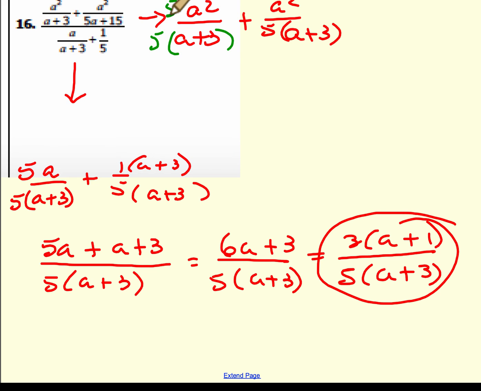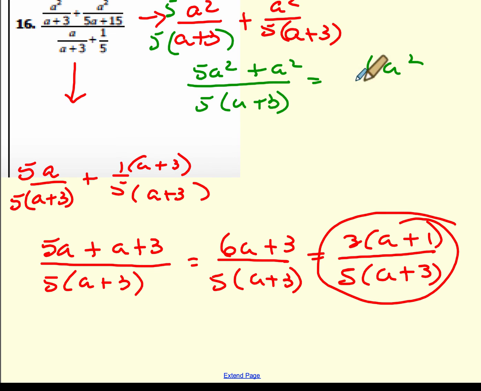So I multiply both numerator and denominator by 5, which gives me 5a squared plus a squared over 5 times a plus 3. And when I simplify that, I get 6a squared over 5 times a plus 3.